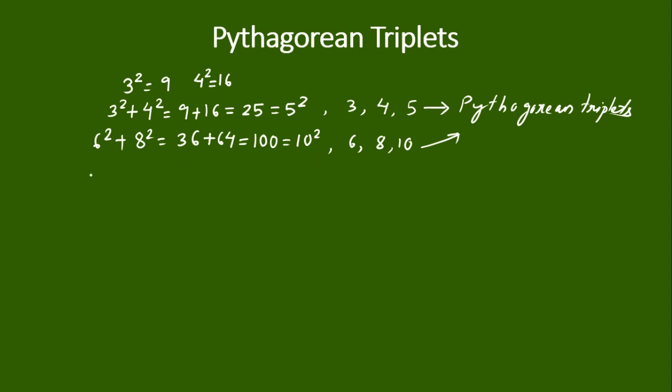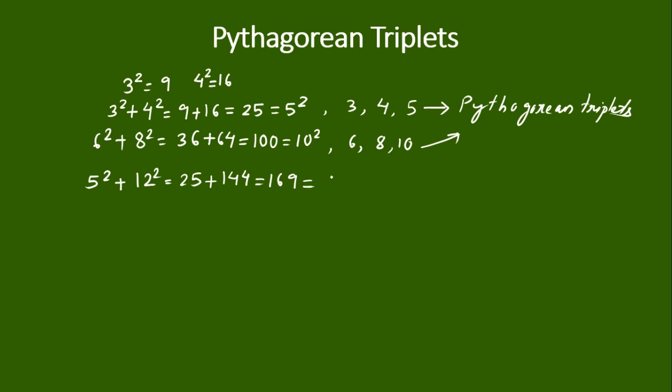Similarly, another set of Pythagorean triplets are 5, 12 and 13. So 5 square plus 12 square. Here 5 square is equal to 25 and 12 square is equal to 144. So 25 plus 144 is equal to 169.